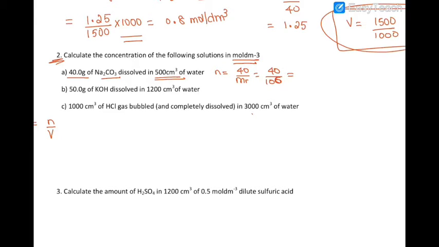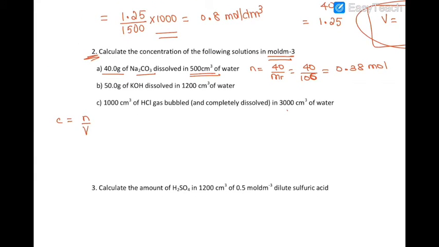So you get 0.38 mole. Then concentration would be 0.38 mole divided by volume. Volume is 500 centimeter cube. Convert it to dm cube: divide by 1000, so that makes multiply by 1000.